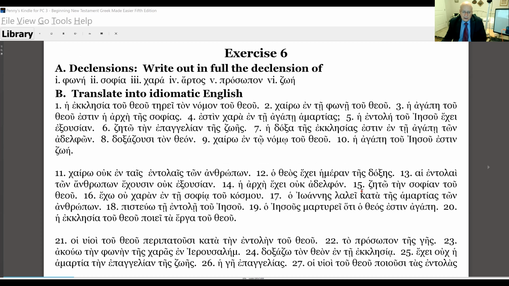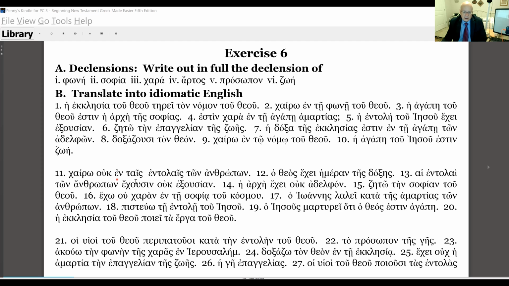Now, if we go down here and take one of the sentences from your homework, let's take number 11. First of all, we look for the verb, chairo. Chairo means I rejoice, or I am rejoicing, continuous present. So I've already found not only the verb but the subject, because I cannot have any other subject but I. I am rejoicing. I rejoice. I rejoice not.